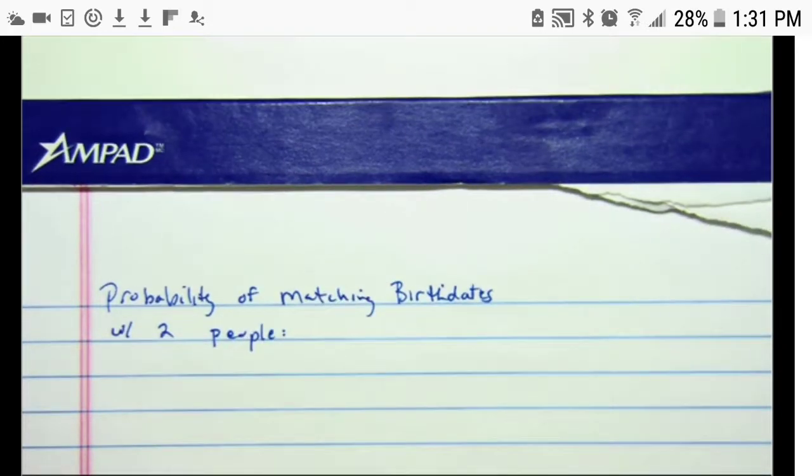So what do you think the probability is with 2 people? When you just run into 2 people, what do you think the probability is that you would have a shared birthday? We'll just ignore leap year, by the way. So write down what you think the probability of you having the same birthday as another person that you run into would be.